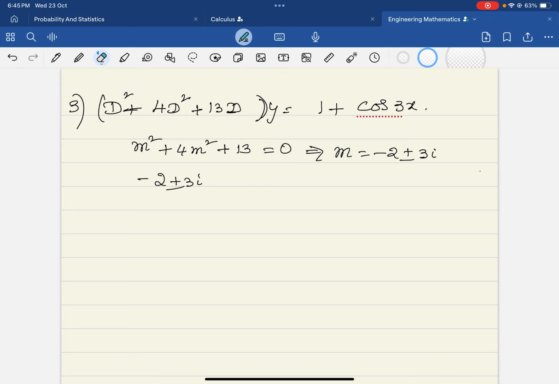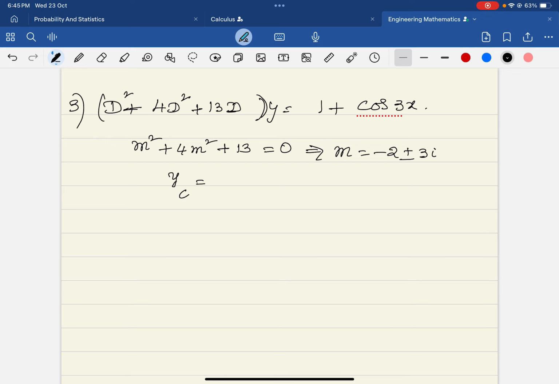Now what is the complementary function? yc is given by e raised to minus 2x times c1 cosine 3x plus c2 sine 3x. This is the complementary function, because of case 3, imaginary roots.